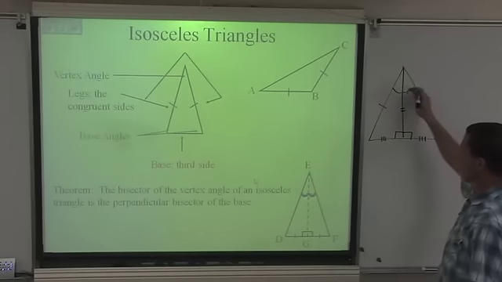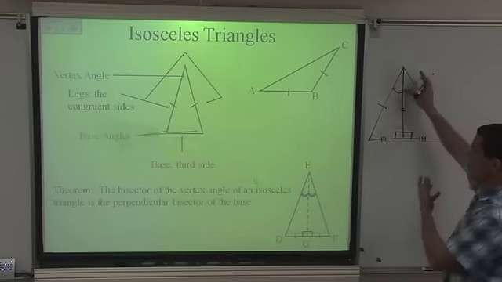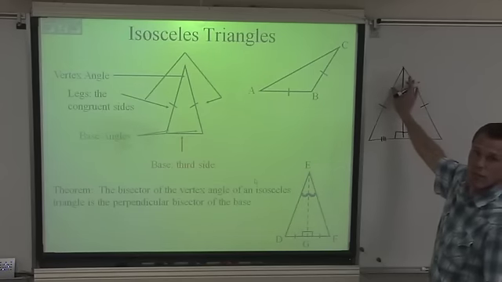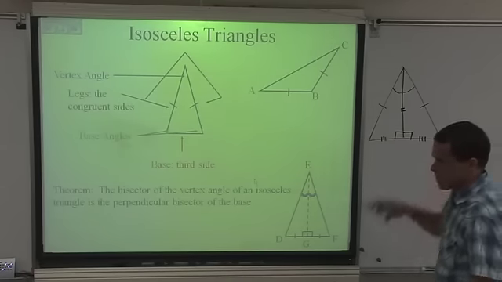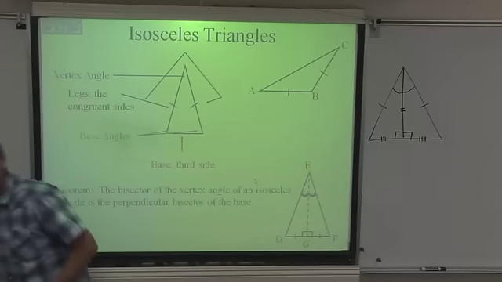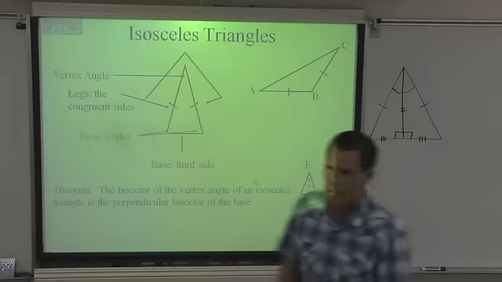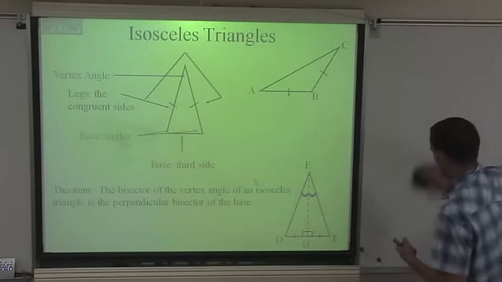So, if you have the bisector of the vertex angle, you get the perpendicular bisector of the base. Now, what we're going to do is look at what we would need in order to see all this.